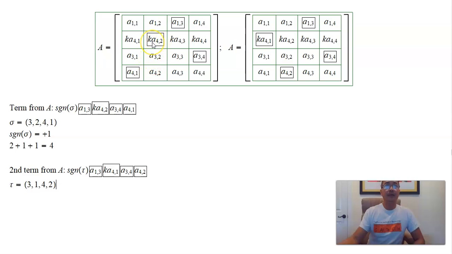Instead of KA42, I picked the A42 down here. Instead of A41, I picked KA41. So the effect was I swapped the 2 and the 1.